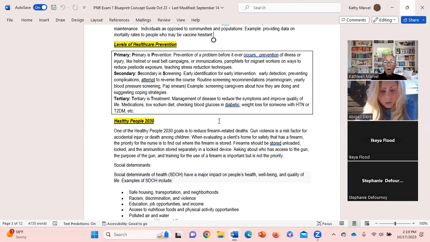So for example, a primary intervention for a migrant farm worker may be, like our quiz question said, teach them the precautions of sun exposure, before it even happens. Well, for homelessness, what would a primary prevention be?